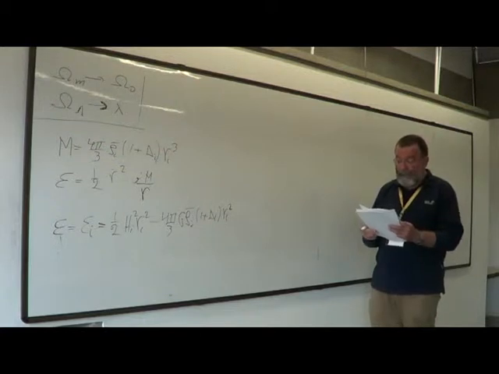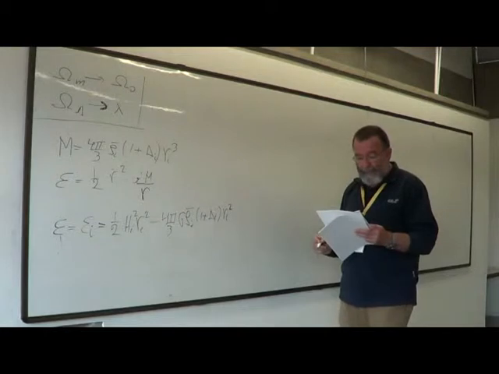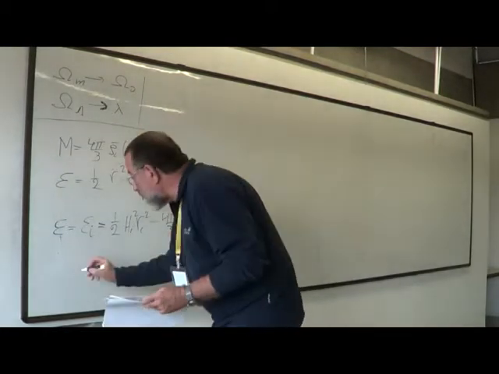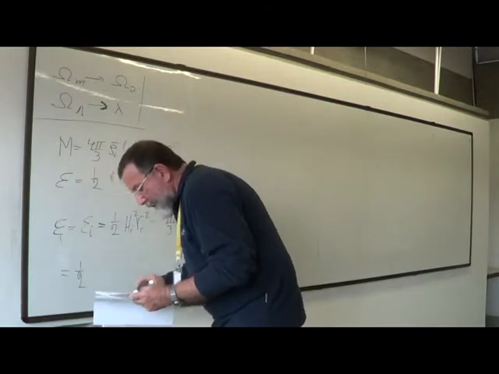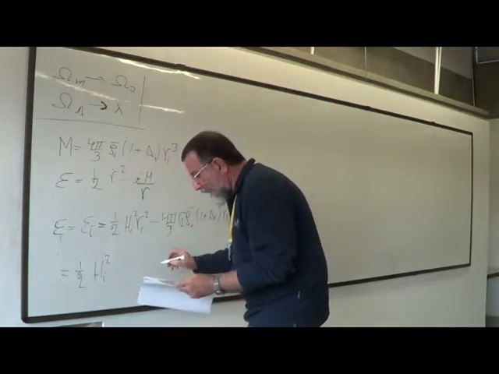Just rewriting it in terms of omega and critical densities and everything. So what I have here, I can write as half H I squared R I squared.